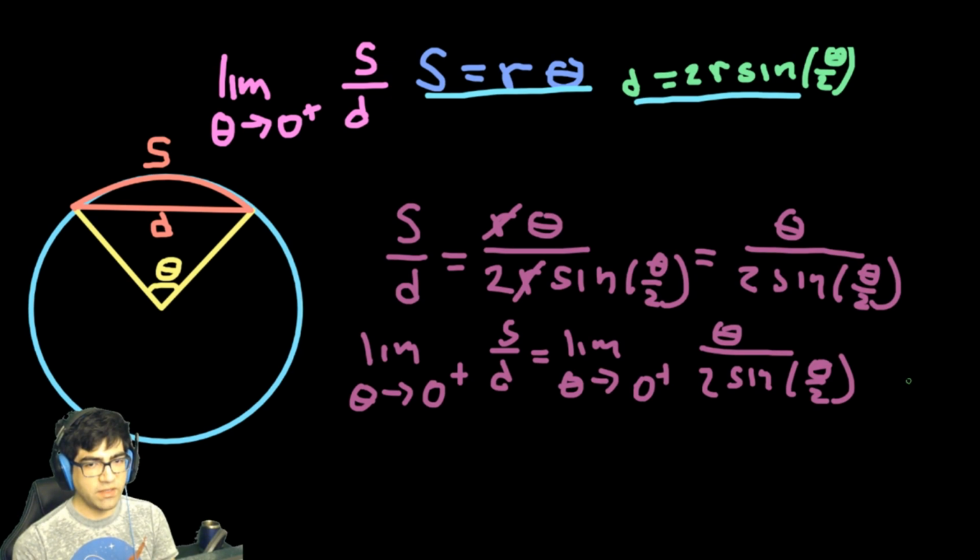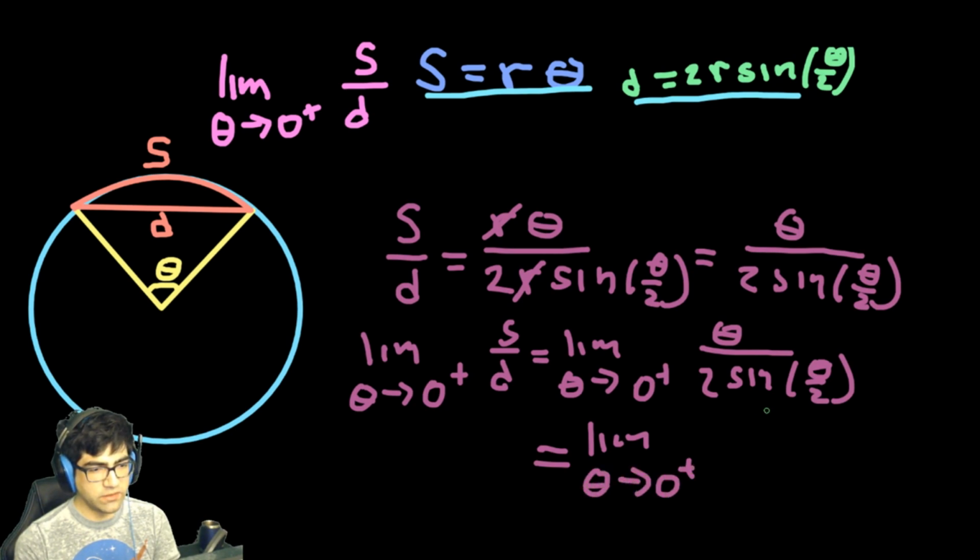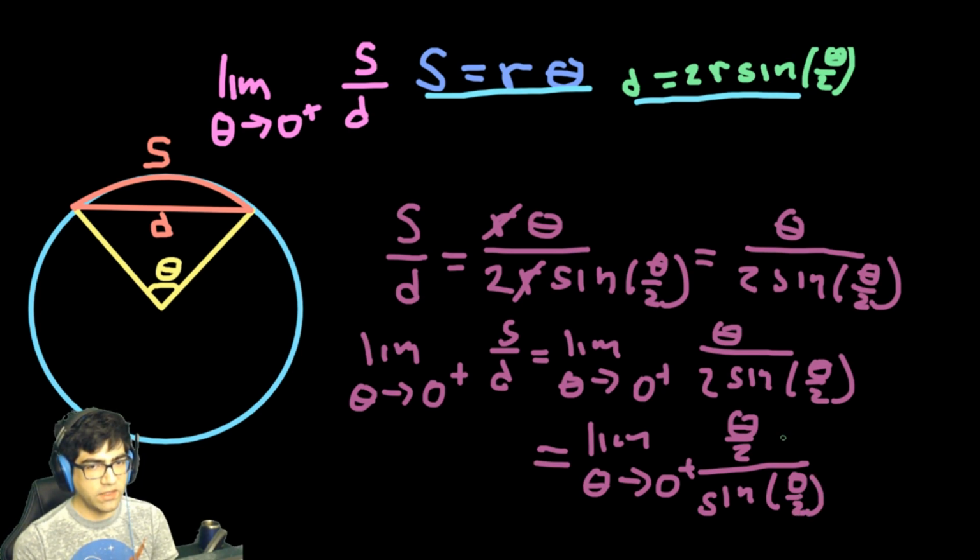Now, a lot of you guys might have already realized that this is a special kind of limit, and it could be made more apparent if I were to rewrite this limit as the limit of theta approaching 0 of theta over 2 divided by sine of theta over 2. And that's the limit we all know and love, sine of theta over theta, as theta approaches 0. It's the same if we were to flip them around. So this limit is going to be equal to 1.